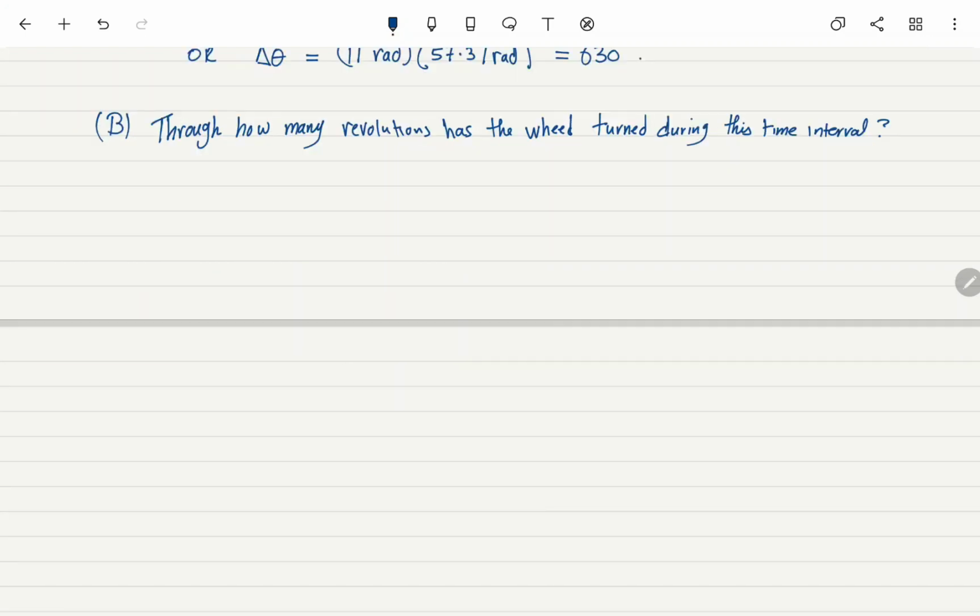Now in the same question, through how many revolutions has the wheel turned during this time interval? Now delta theta equals 630 degrees. We need to convert degrees into revolutions, so we multiply by 1 revolution, and each revolution is equal to 360 degrees, and you will find 1.75 revolutions.